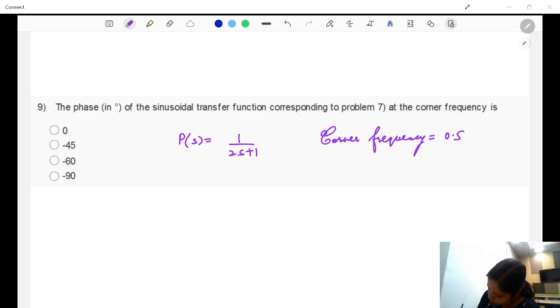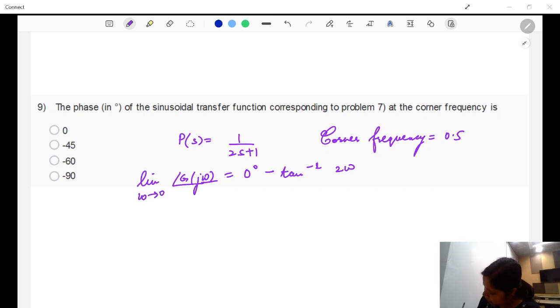Okay. Now the phase at this frequency, that means what is the phase here? For the numerator it would be 0 degree, right? For the denominator it would be tan inverse of 2 omega, right? And as I would write here, limit as omega tends to 0, it would be minus of tan inverse of 0.